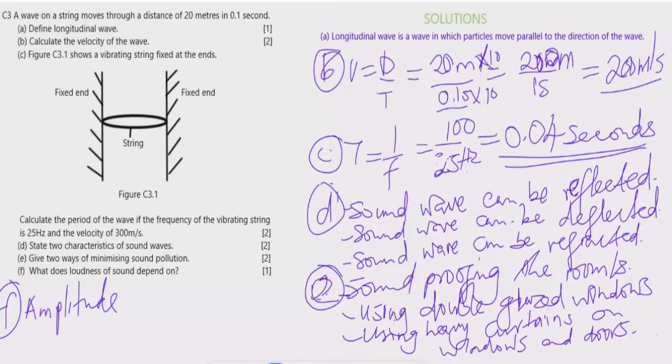Amplitude determines the loudness of sound. Okay, so these are the answers that you are supposed to write. If you've got questions, you can ask in the comment section, but otherwise these are the answers examiners expected you to write.